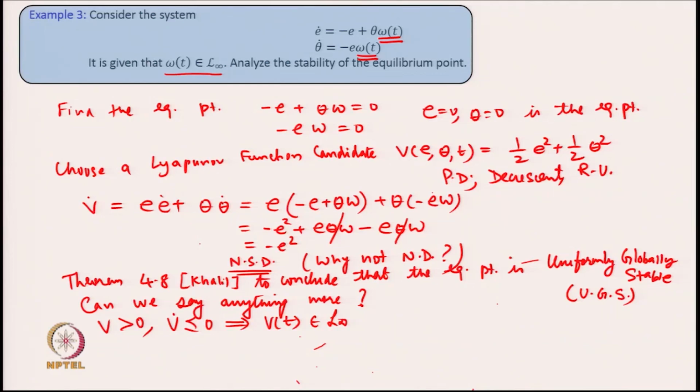Since V is bounded and V is a sum of squares of the states E and theta, that just implies that E of t and theta of t are also bounded.